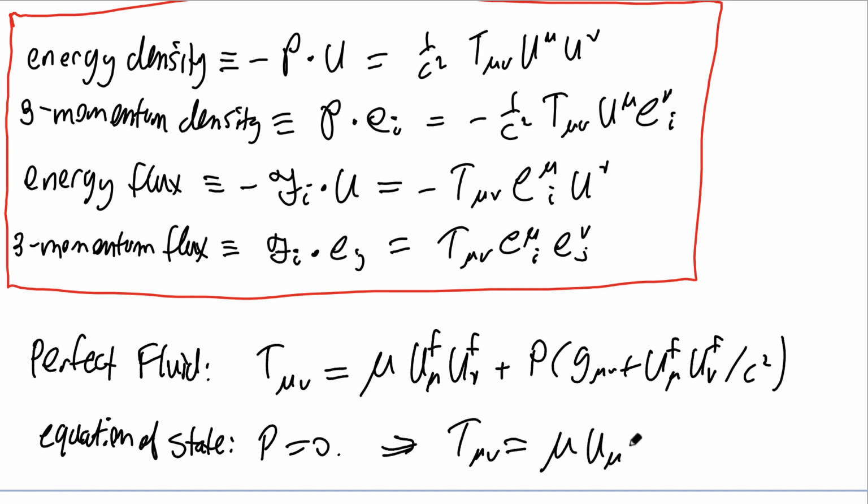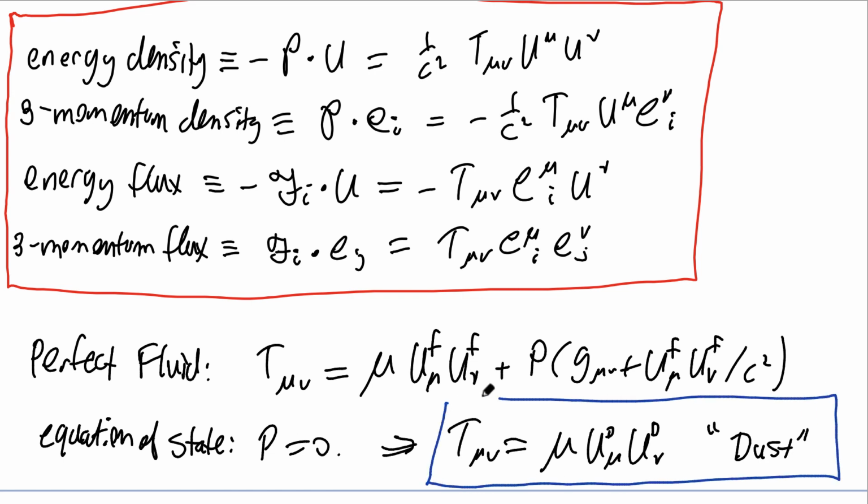So I'll write the stress-energy-momentum tensor as the mass density times u^μ u^ν with a little superscript d for dust, just another name for a pressureless perfect fluid. So let's apply our definitions to this example of dust.